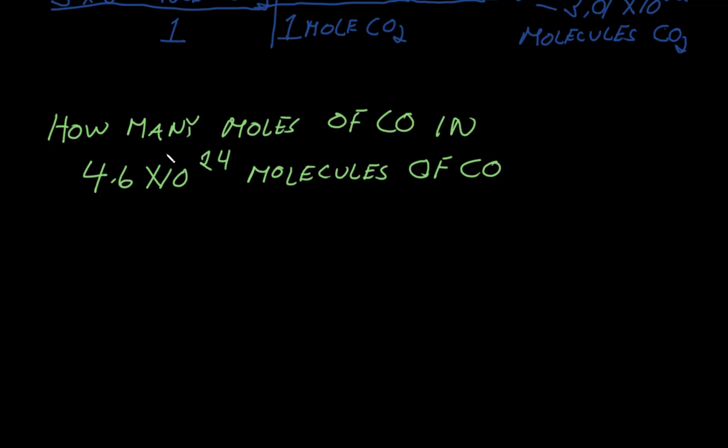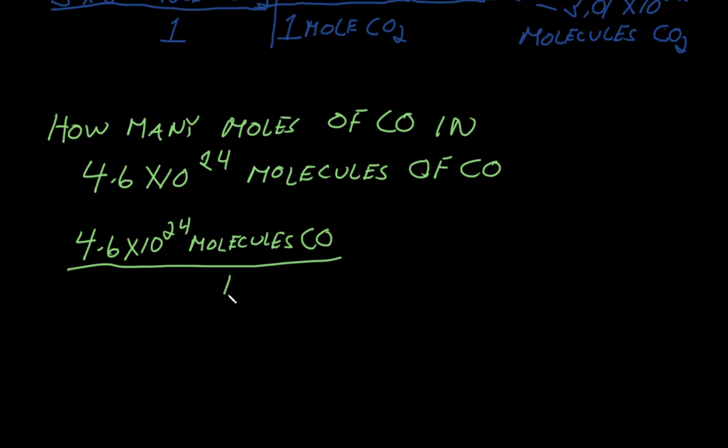So let's start again with our known. So 4.6 times 10 to the 24th molecules of carbon monoxide. And again, I always like to put my first factor over 1.